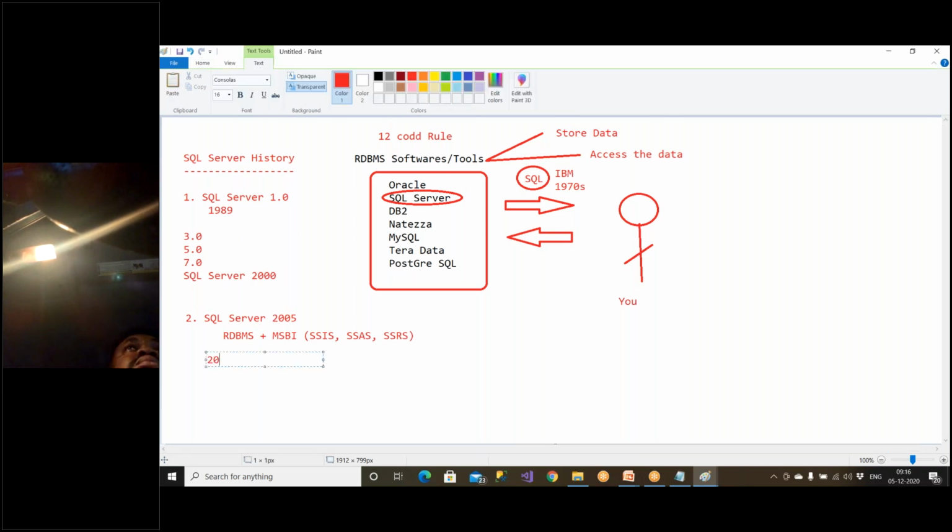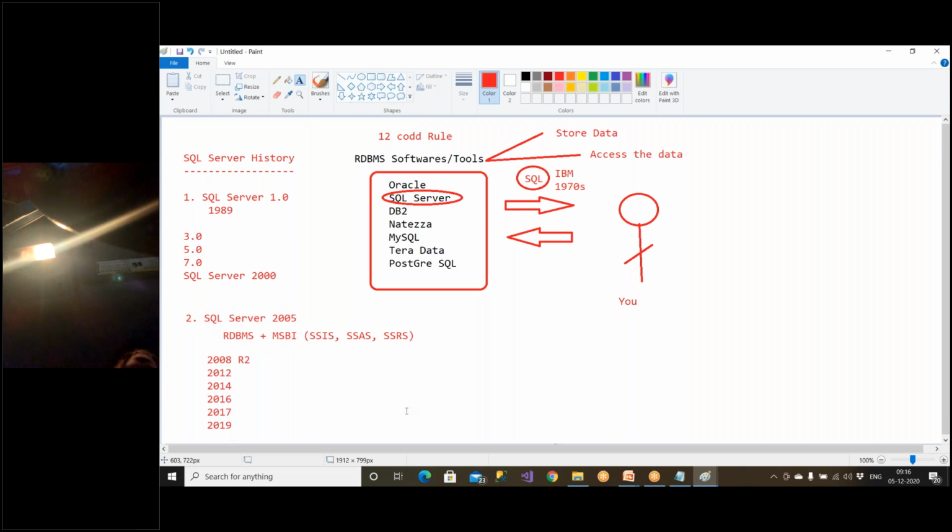Later you got the 2008 software, then 2008 R2, then SQL Server 2012, then 2014, 2016, 2017, and 2019 is the current SQL Server software. Clear? So you should be able to install 2019. Automatically MSBI will get installed there, and RDBMS also will get installed there. If you want to learn MSBI, you can learn that later.